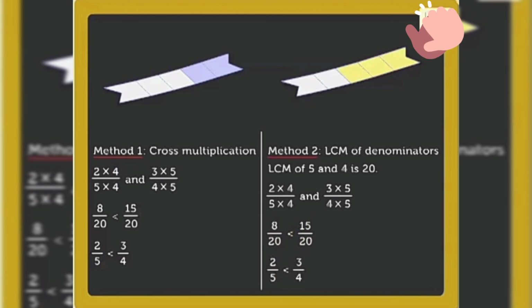Now, when we are comparing two fractions where the numerator and the denominator are different, they are not same. So there are two methods.